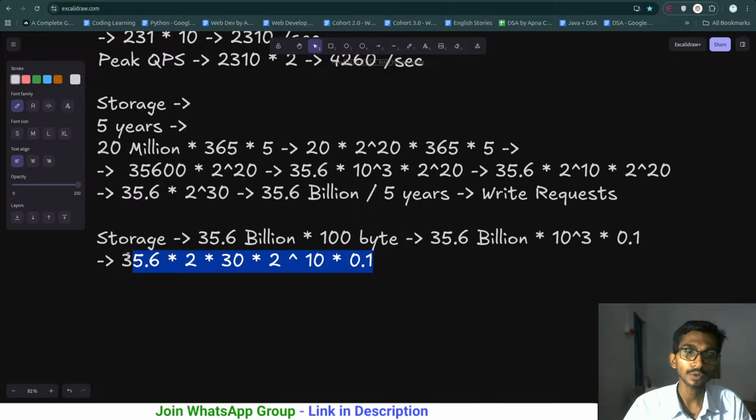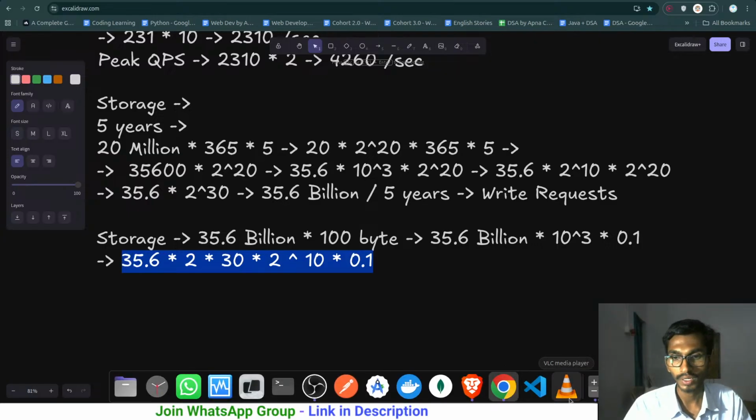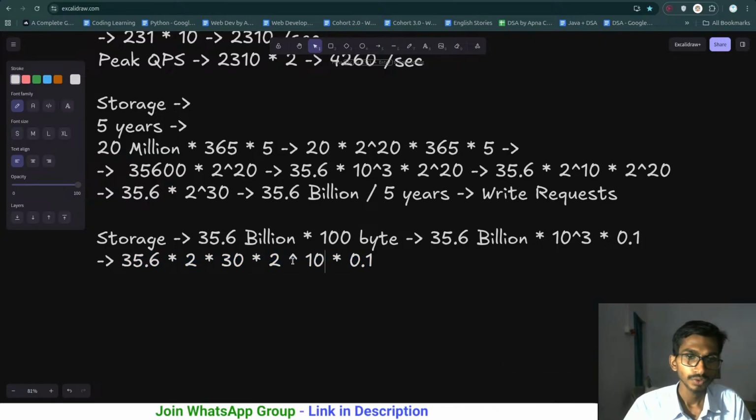Now if I calculate it all, how much will it be? Let's see. First, this is going to be 2 to the power 40. And we have to calculate this too. There's already one, so it's going to be 3.56 if I'm not wrong.